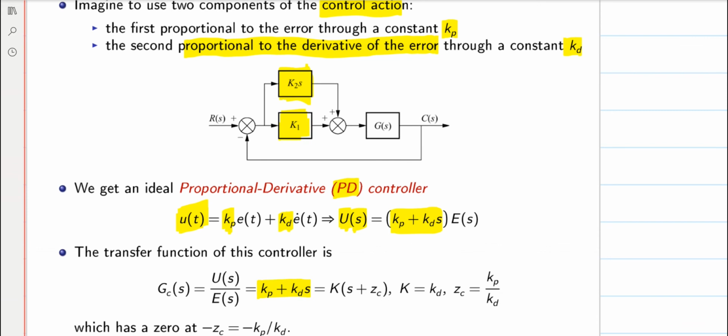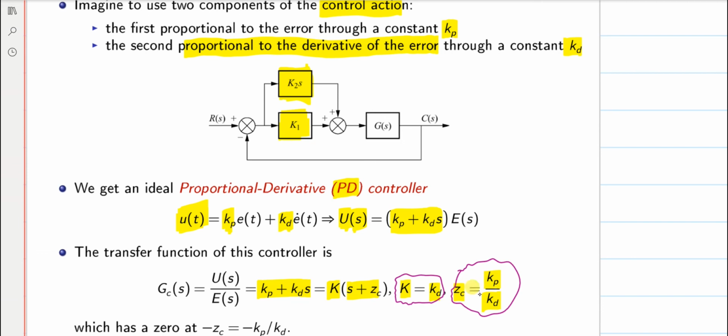It could alternatively be rewritten in the form of K times (s plus zc), where K is equal to Kd and zc is equal to Kp over Kd. So please pay attention that K, the gain of the controller in this form, will be equal to Kd, and the location of the zero of the controller, zc, will be equal to Kp over Kd.